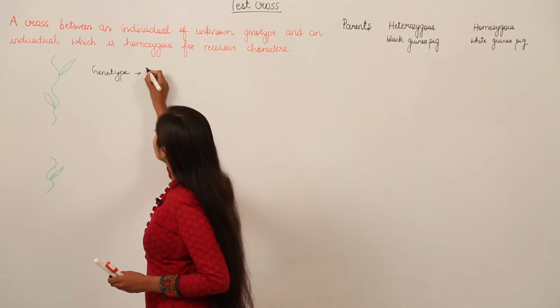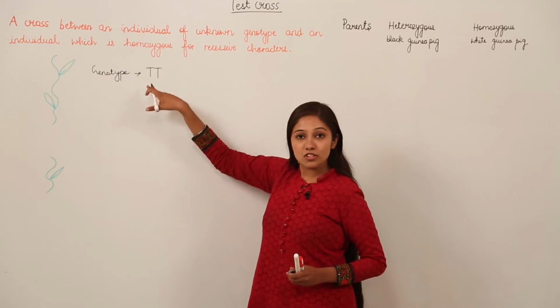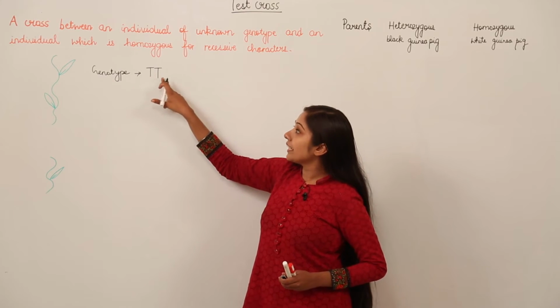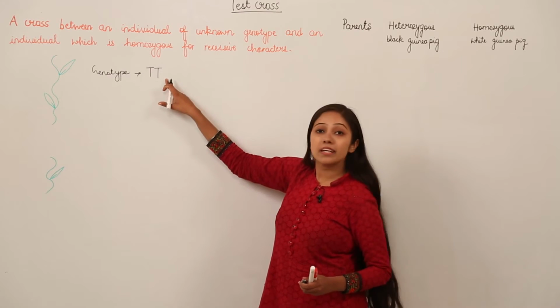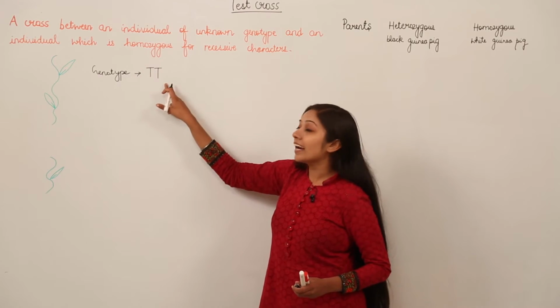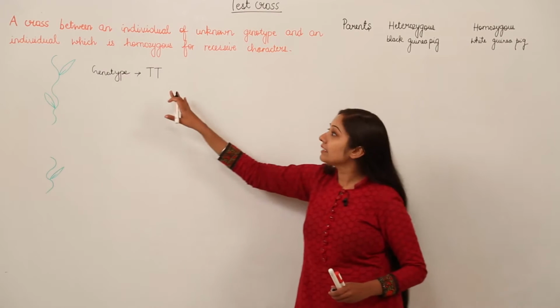It can be this genotype, because both the letters are uppercase, an uppercase T and an uppercase T. So the plant is going to be tall.